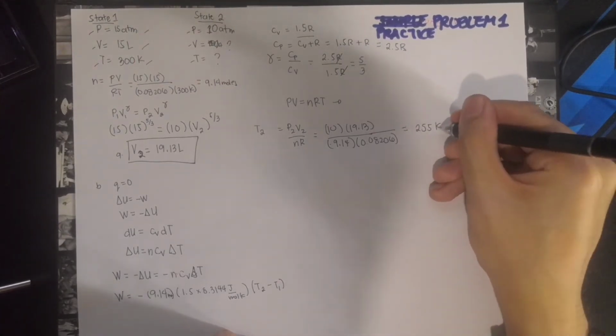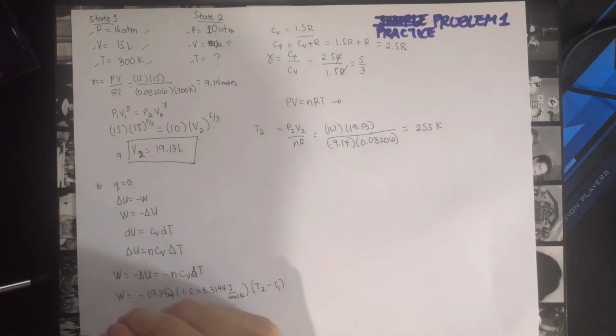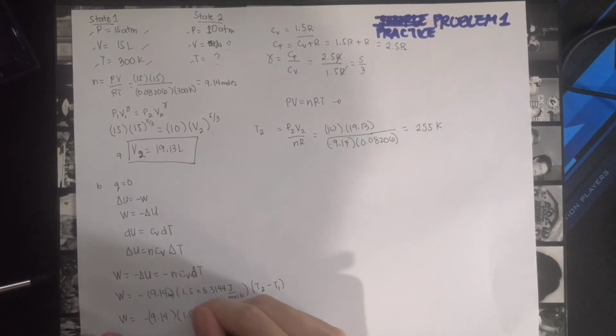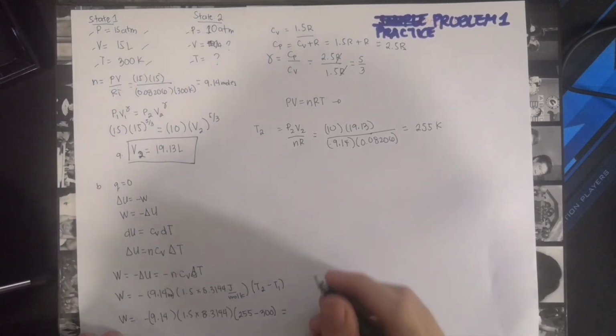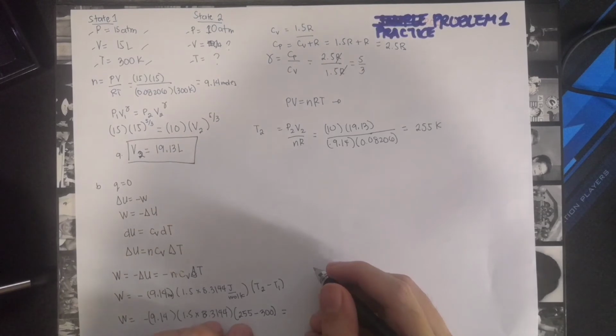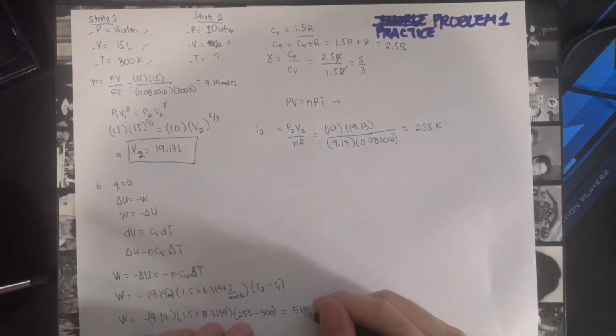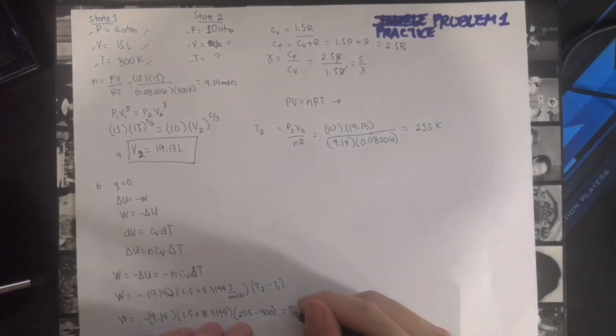We'll get T2 is equal to 255 Kelvin. So here, work will be equal to negative 9.14 multiplied by 1.5 times 8.3144 times 255 minus 300, or your work will be equal to 5,130 joules approximately.